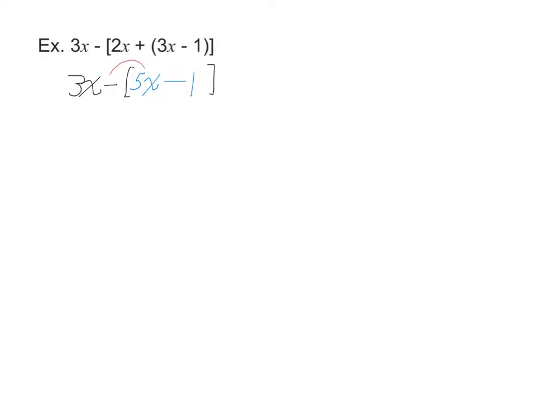This negative needs to be distributed to the 5x and to the minus 1. We'll have negative 5x plus 1. The only thing left to do is to combine these x's together. In total, I have negative 2 of them, for an answer of negative 2x plus 1.